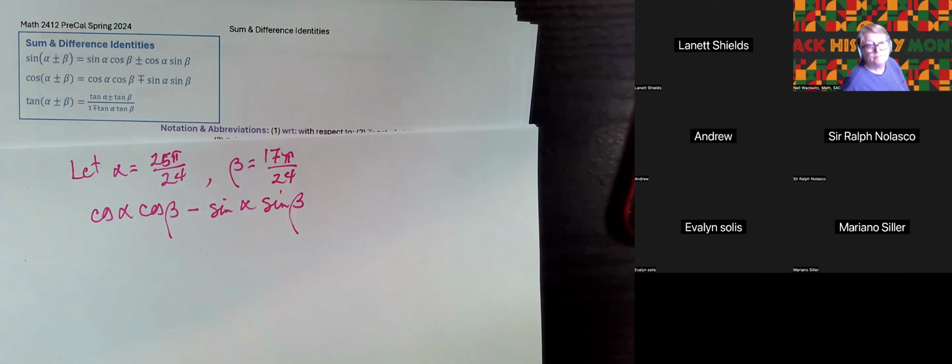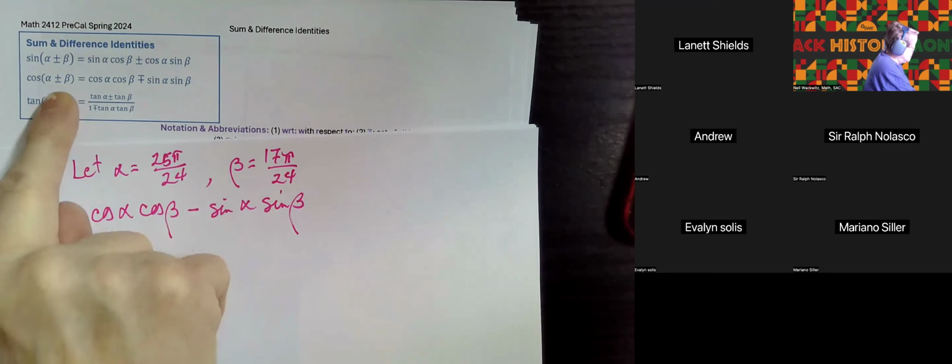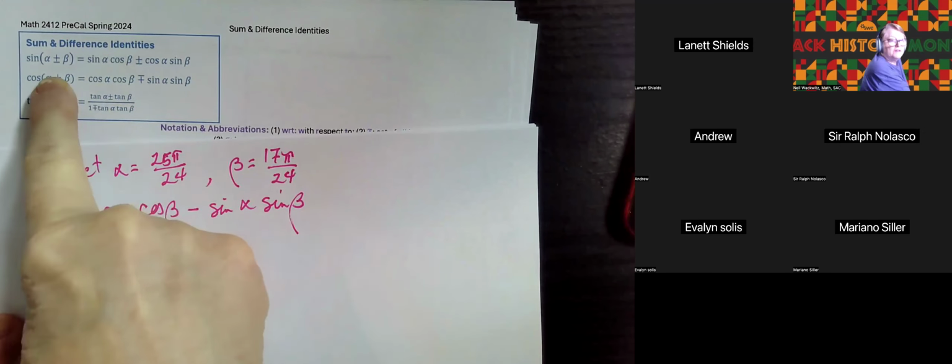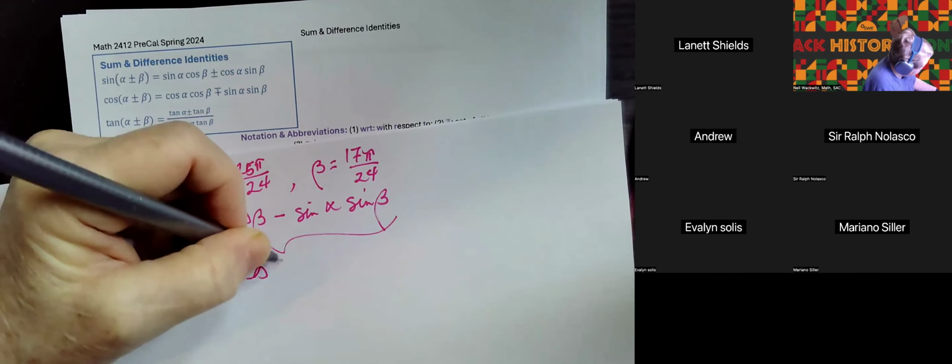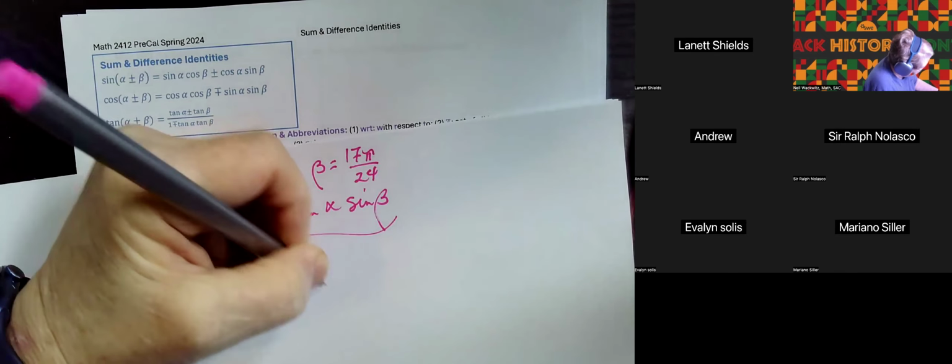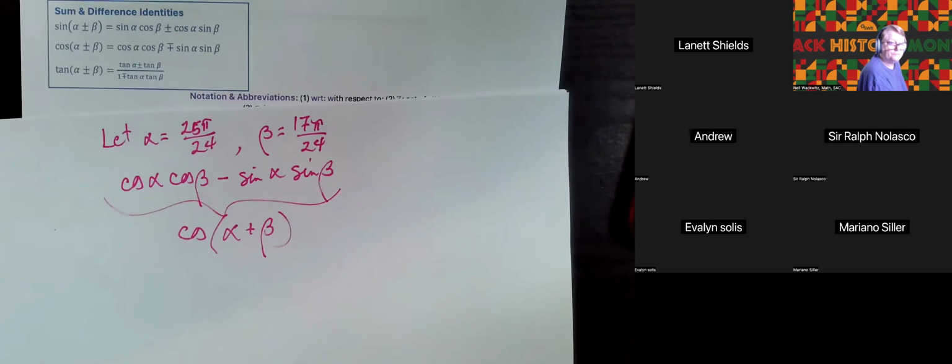Cosine of the sum of alpha and beta. It'll be the sum, because cosine is always opposite. So the cosine of a sum has a negative in the middle. Cosine of a difference has a plus in the middle. But yes, very good. So this is equal to cosine of alpha plus beta.